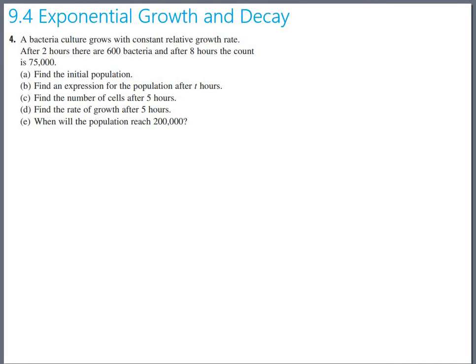So this is homework problem 4. I picked all these to be similar to ones that you're doing in your homework. 4 says bacteria grows with a constant relative growth rate. So the language there means the growth rate is constant relative to the actual amount of stuff, actual amount of bacteria in this case.